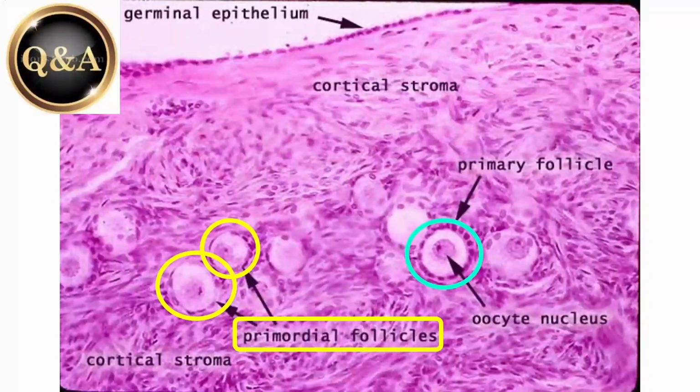The nuclei of the surrounding cells are cuboidal, like a cube, and these are features of the next stage of developing primordial follicle, and now it is a primary follicle.